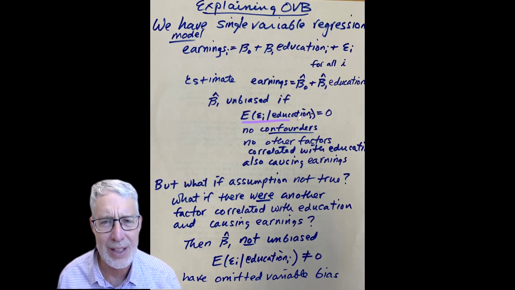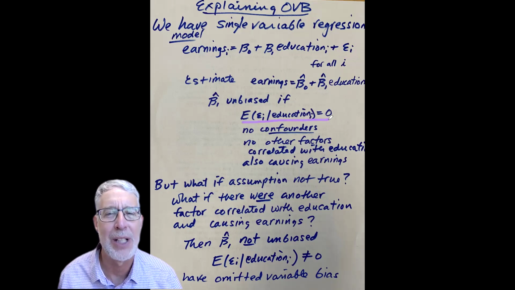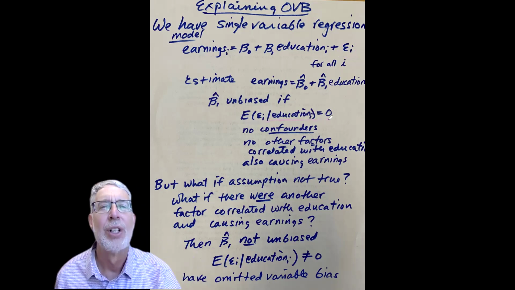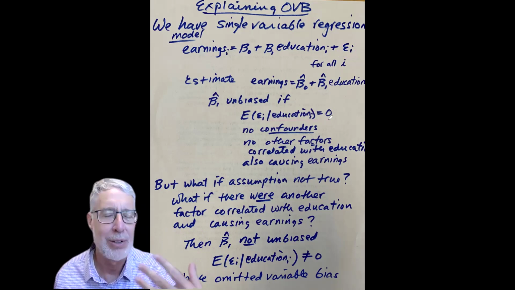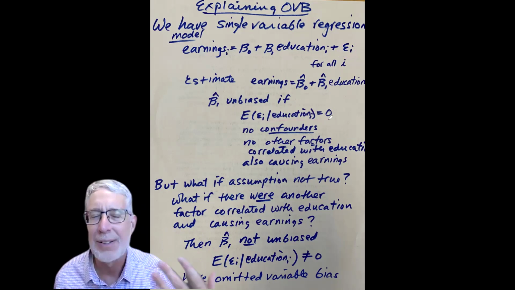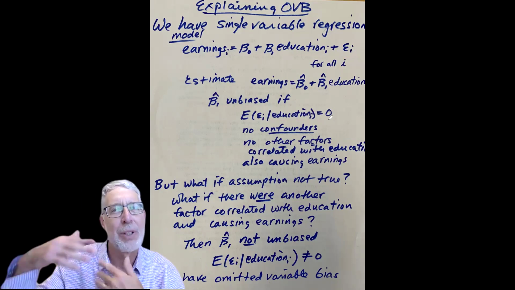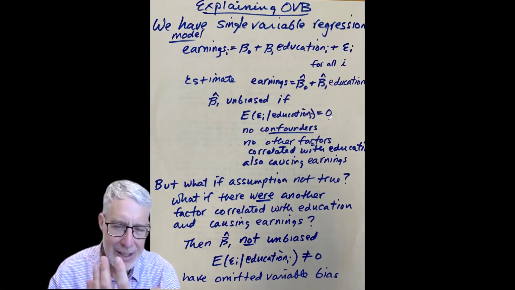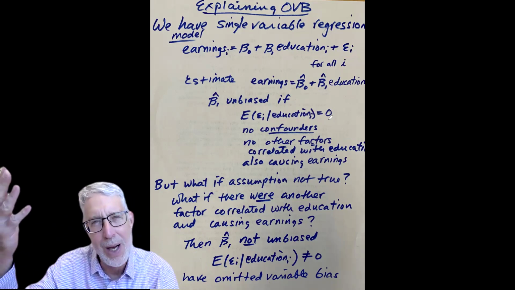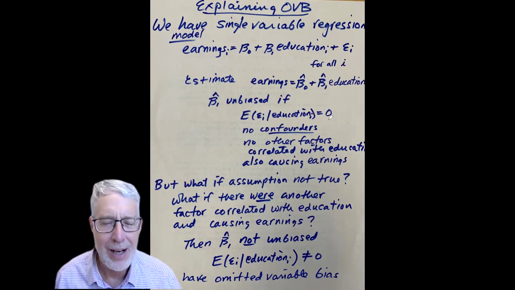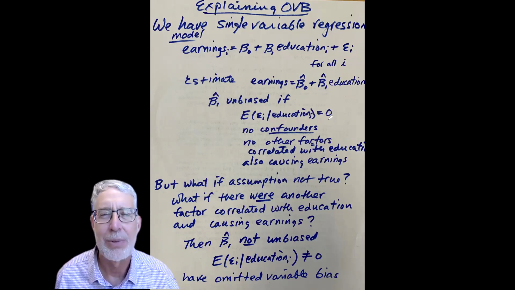That assumption means the errors on average are equal to 0. Remember, the expectation operator is the probability weighted average. So the errors on average are equal to 0. They're just as likely to be high as to be low, just as likely to be positive as to be negative, so that they add up on average, probability weighted, to be equal to 0.